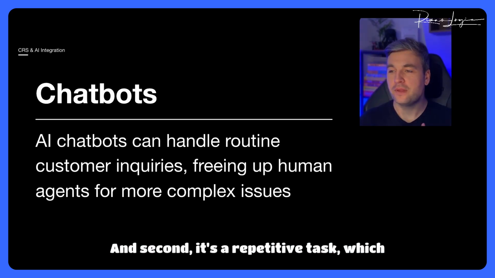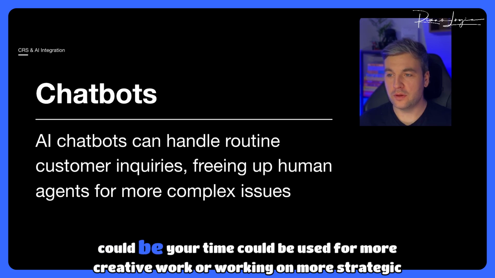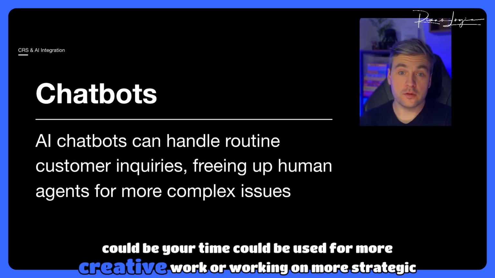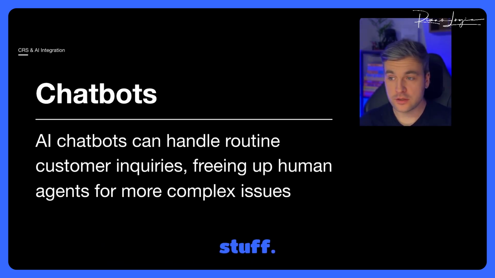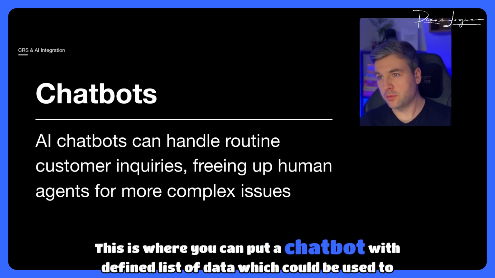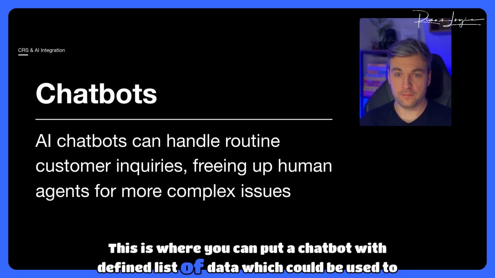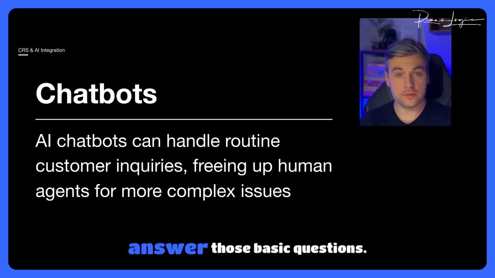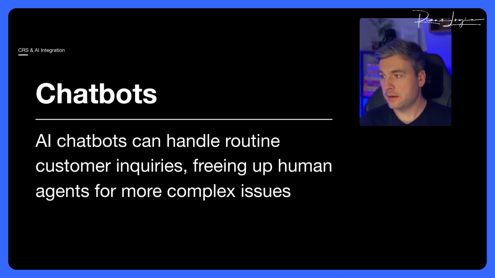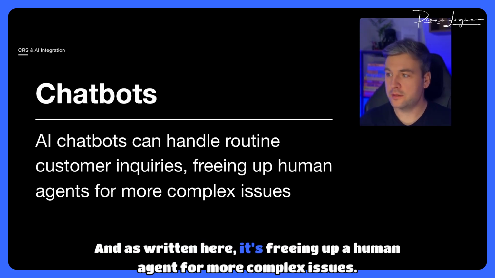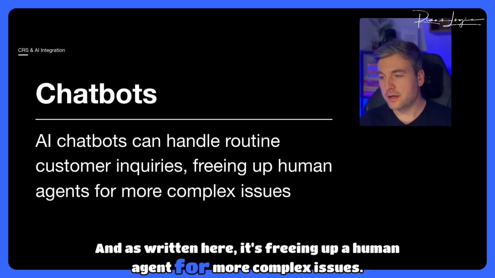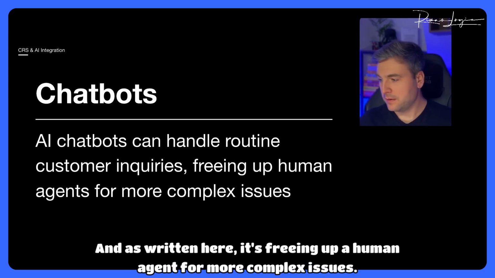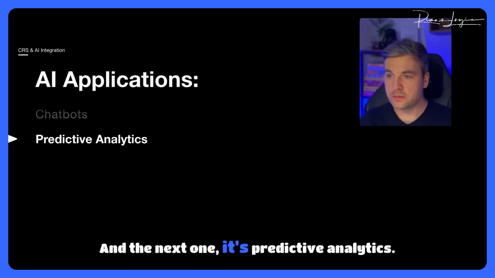Second, it's a repetitive task, and your time could be used for more creative work or working on more strategic stuff. This is where you can put a chatbot with a defined list of data, which could be used to answer those basic questions. And as written here, it's freeing up human agents for more complex issues. And the next one is predictive analytics.